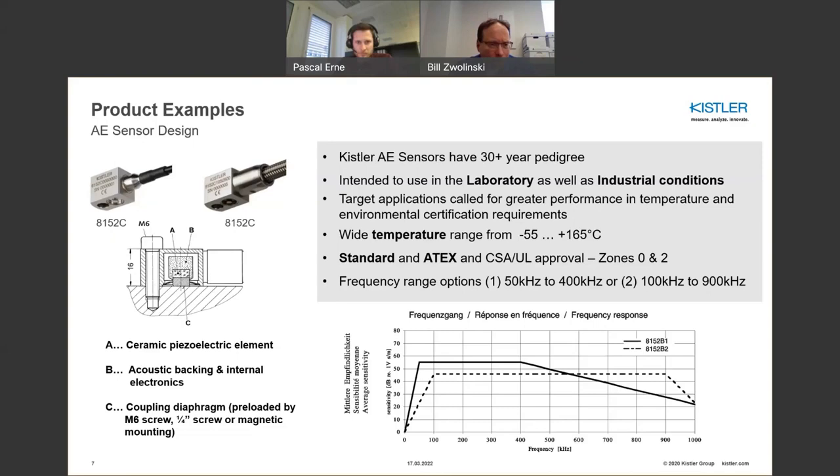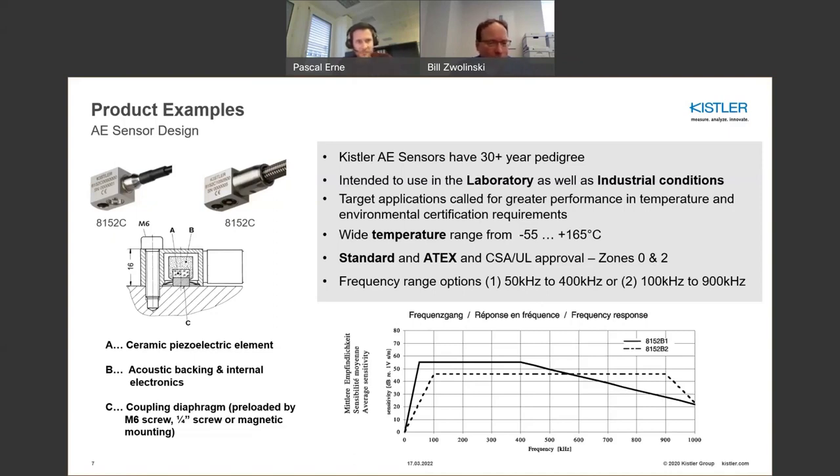The real, I think, interesting thing for these types of sensors is they're basically case isolated sensors, very rugged industrial sensors that can be used simply in laboratory environments, but basically in very harsh industrial conditions as well.